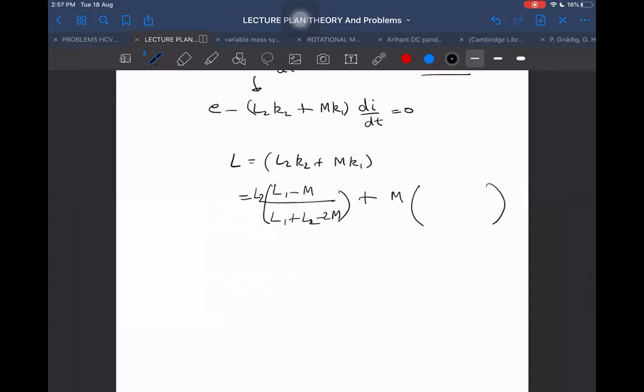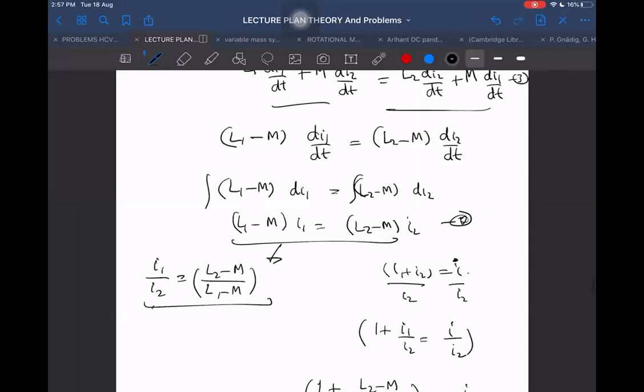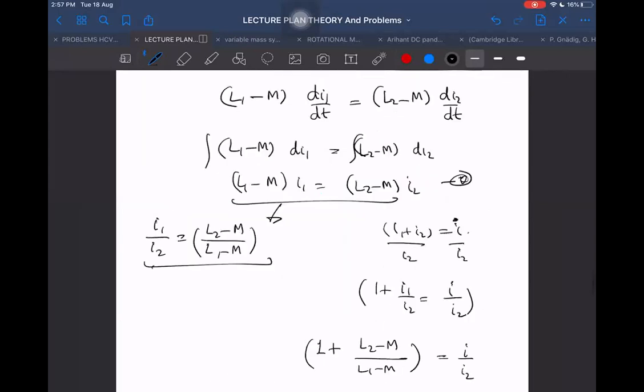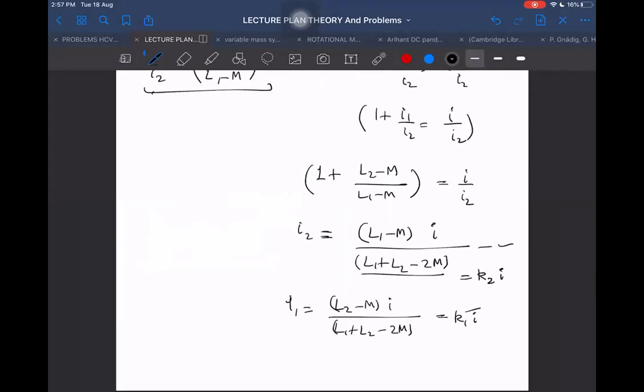I think K1 I remember. That was L2 minus M upon L1 plus L2 minus 2M. K1 means this L1 is changed into L2. Remaining all terms are same.